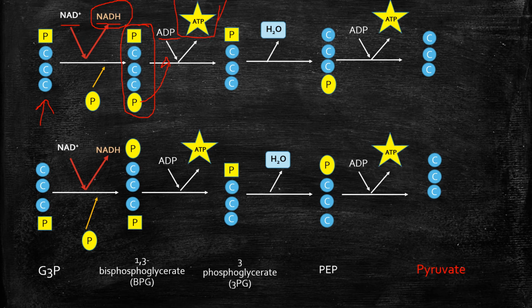And when we do that, now we've also produced 3-phosphoglycerate, or 3PG, which is another 3-carbon molecule. And so we've done this for each of these sets of reactions. So right at this point, we have created 2 ATP molecules.